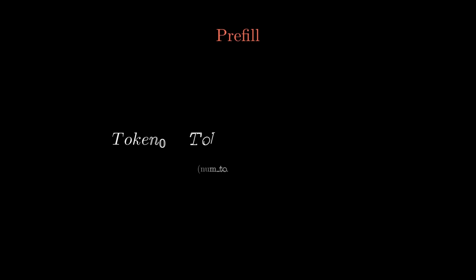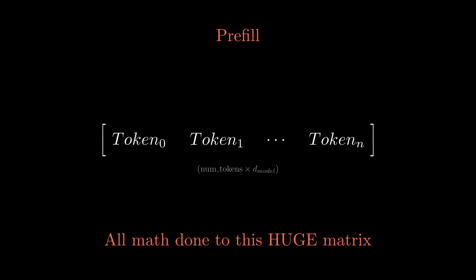Let's start with prefill. Prefill involves taking all of the input tokens at once, and thus the matrix multiplies are extremely large because you have to do it for all n tokens. So we're doing a lot more operations than we would be if we were processing a single token.